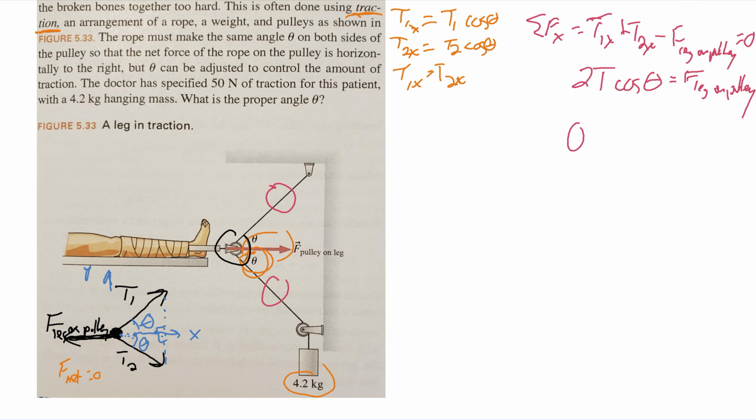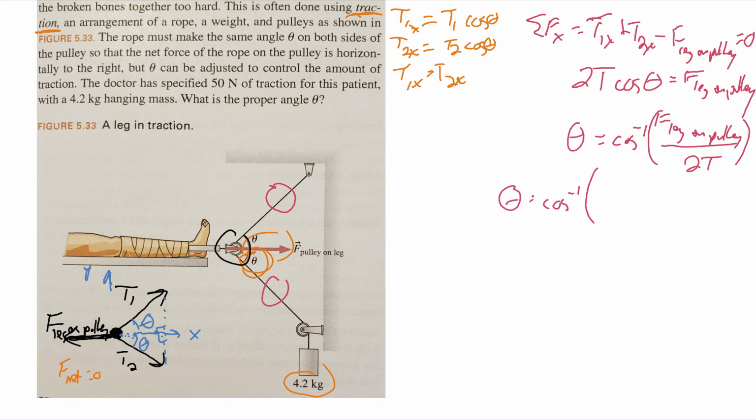So I'll have theta equals the F leg on pulley divided by 2T, but I'm taking the inverse cosine of that whole thing. And now I can plug in all my numbers. So I have theta equals inverse cosine F leg on pulley.